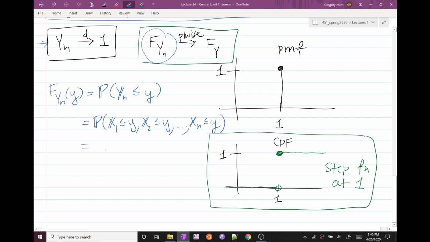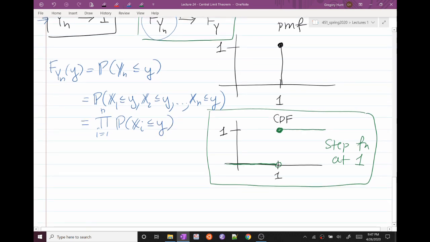And, of course, because the X sub i are independent, this is just the product of the probabilities that each X sub i is less than or equal to little y.